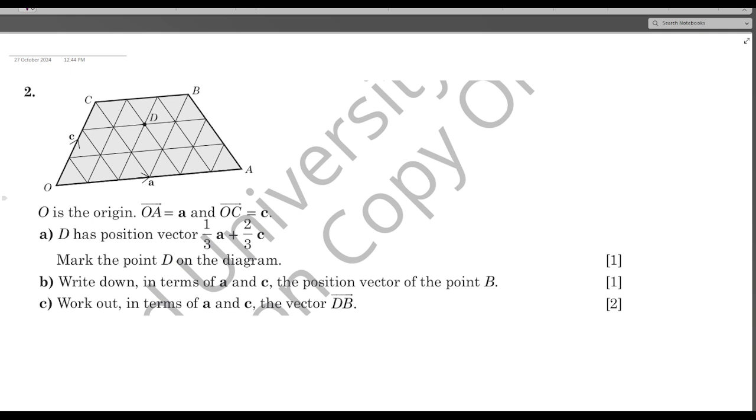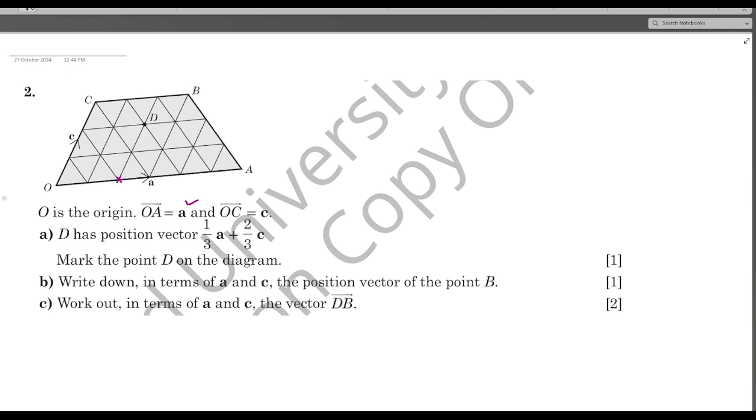Now your OA, this whole distance OA is equal to A. So 1 divided by 3A, for that I will take 1/3. So 1/3 will be this point.